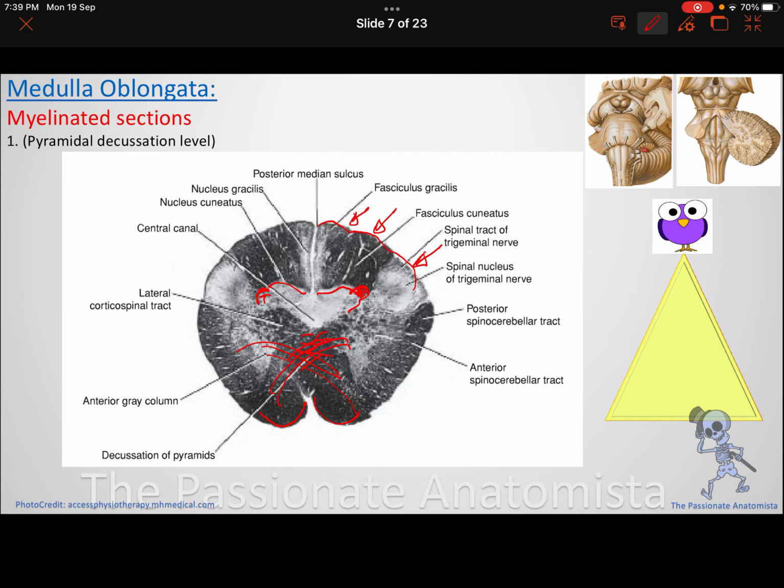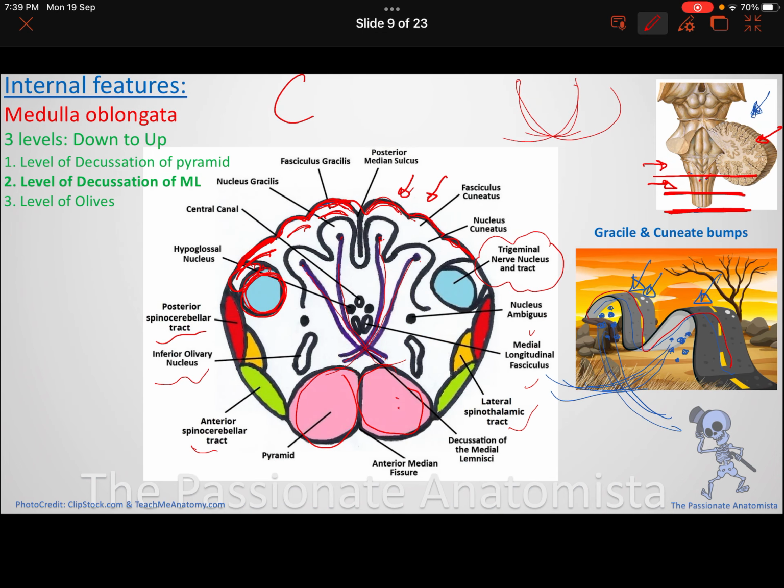If you compare this to the pyramid, you cannot see much of the nuclei here. You can see most of the fasciculi. The nuclei are deep inside. They are not creating your bumps, your tubercles. Go back to the sensory decussation.